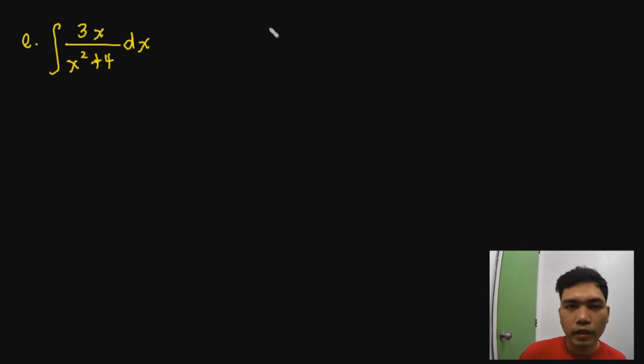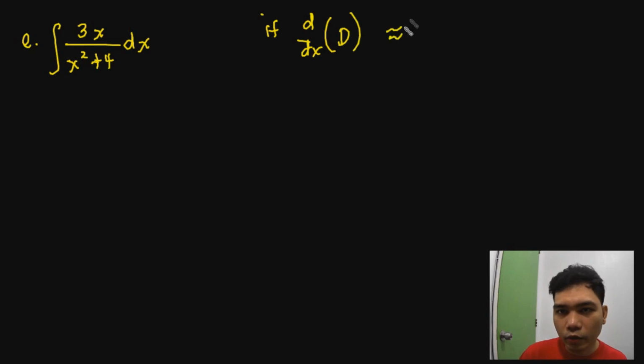So if the derivative of the denominator is congruent to the numerator itself, then what you have to do is look at the denominator and try to find its antiderivative.